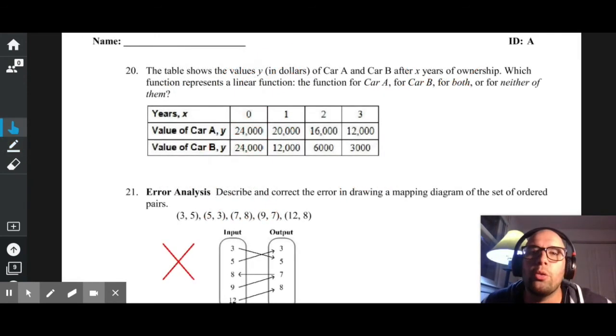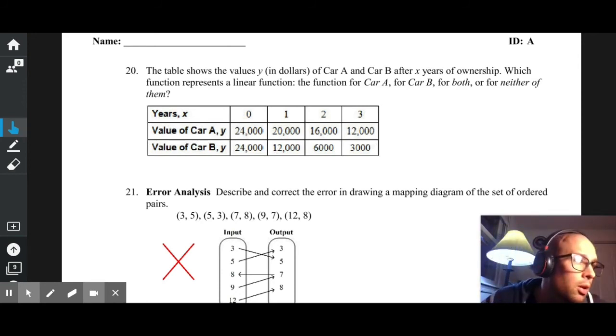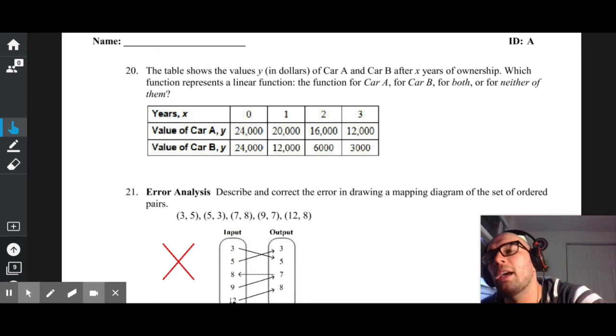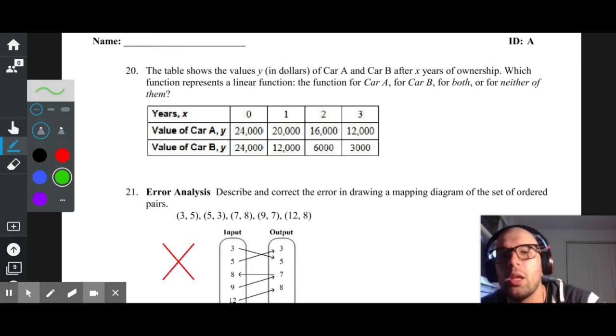The table shows the values y in dollars of car A and car B after x years of ownership. Which function represents a linear function? The function for car A, for car B, both, or neither? So we're going to do what we did in the last two problems, where we have to find a linear relationship by detecting if there's a pattern. So this is going to look kind of funky.